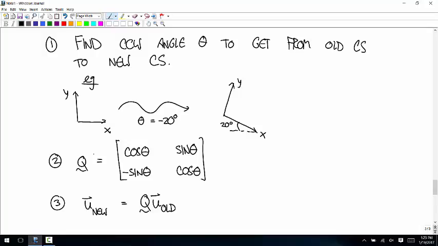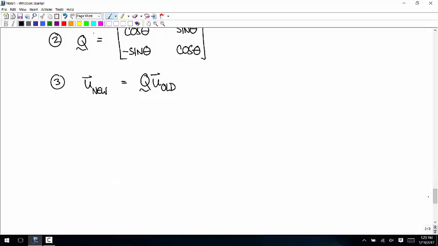Your calculator can do that matrix multiplication for you. You just have to enter these things into your calculator. The way matrix multiplication works is like this.